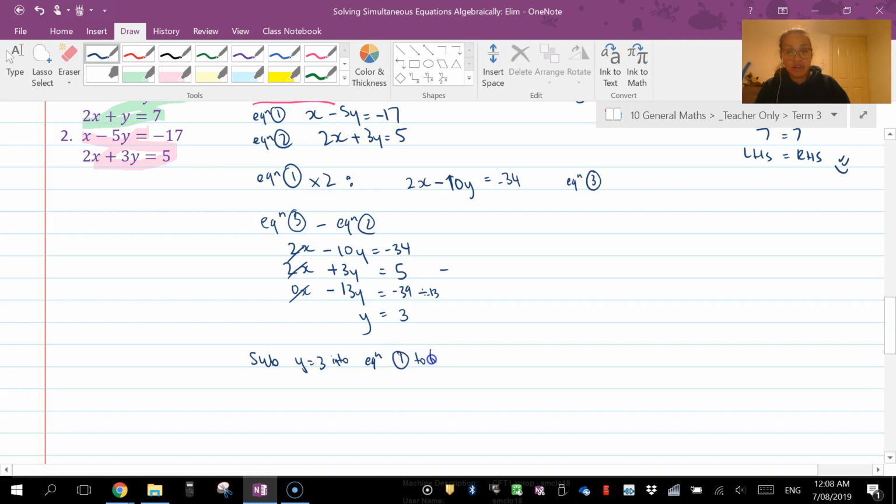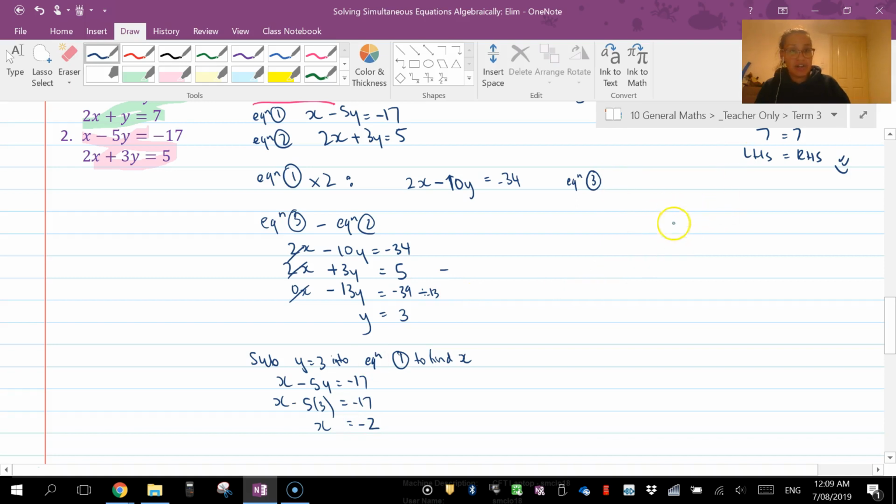Equation 1 to find x. That would be x minus 5y equals negative 17. X equals 5 times 3 is 15, minus 17, so that would be negative 2. Yes, x equals negative 2.